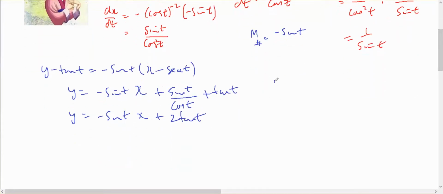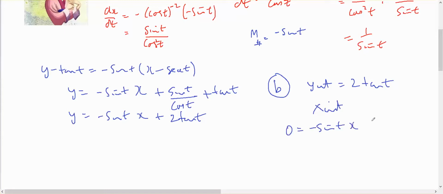If I'm now going to look at part B, the y-intercept of this will be equal to 2 tan t. The x-intercept, well, 0 equals minus sine t x plus 2 tan t. I've got negative 2 tan t on negative sine t equals x.